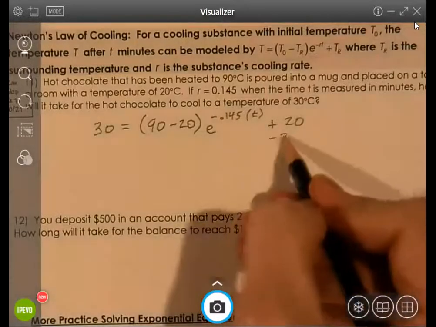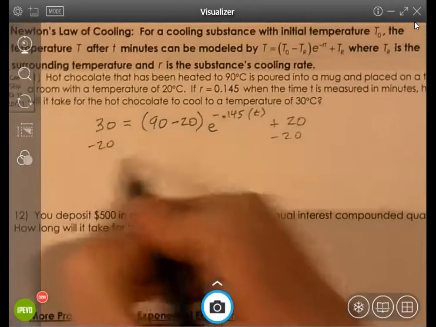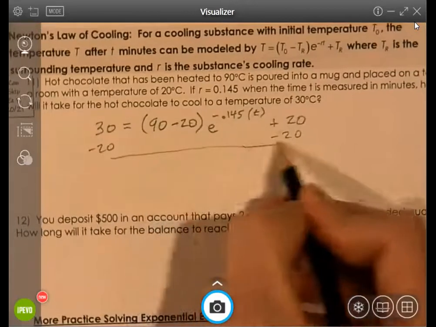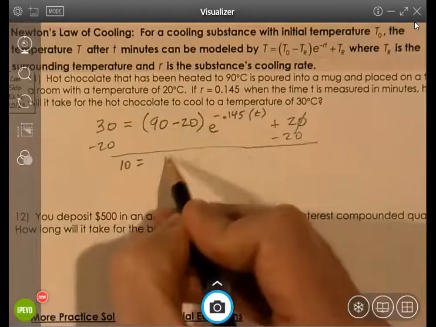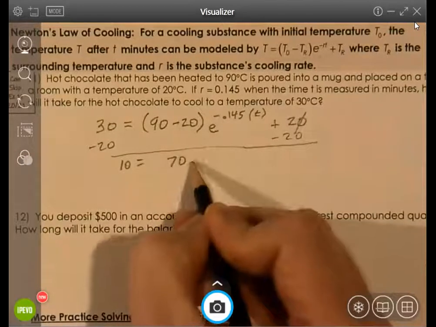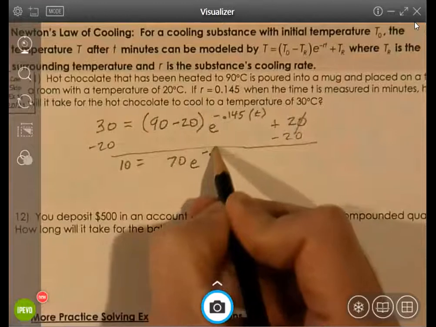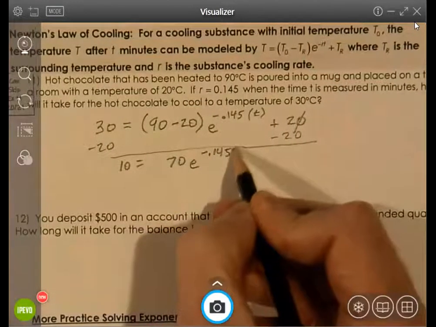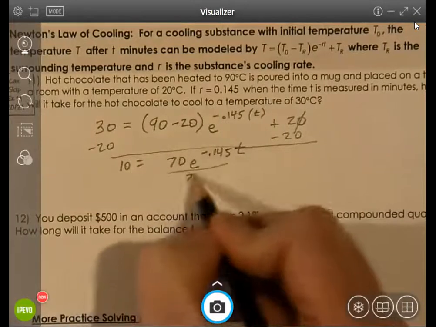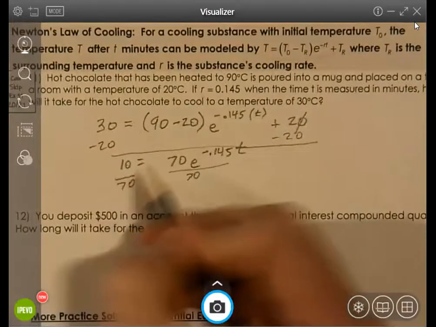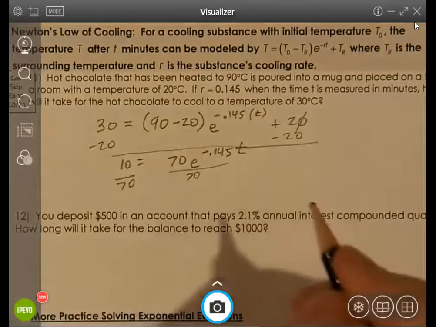So we're going to subtract the 20 across. And that becomes 70 times e to the negative 0.145 to the t power. We're going to divide by 70. So we get 1/7.